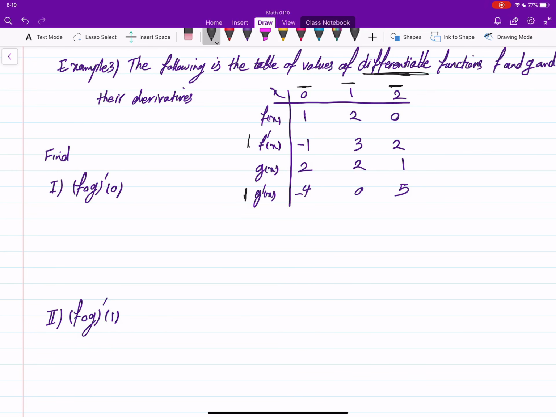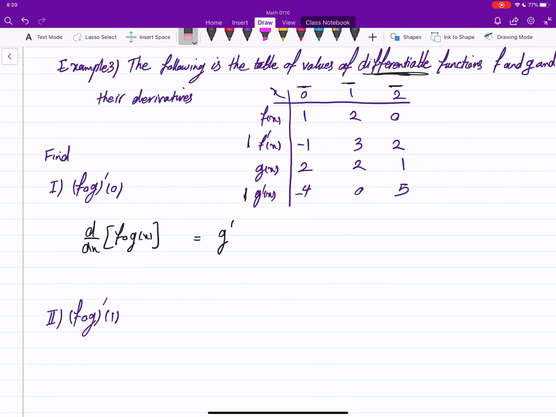Now the question is, what is the derivative of f of g at 0? Remember that the derivative of f of g, when you evaluate it at x equal to 0, is the same thing as, well, let me make it a little bit simpler.